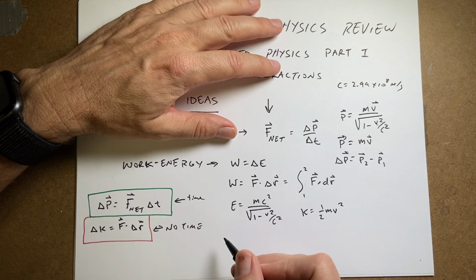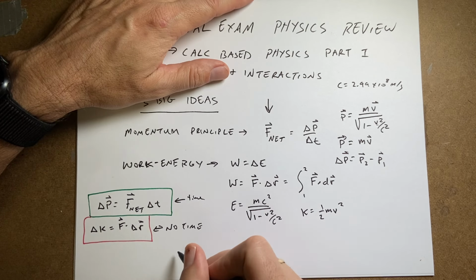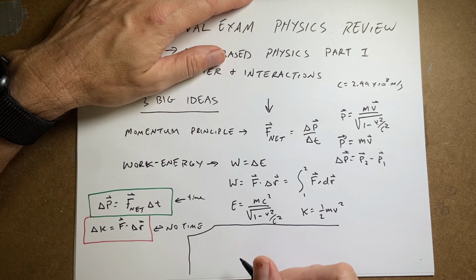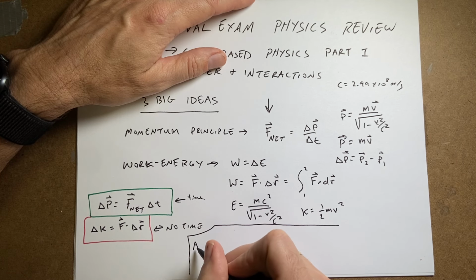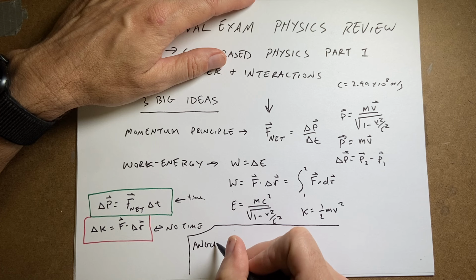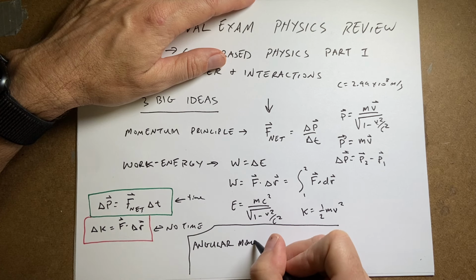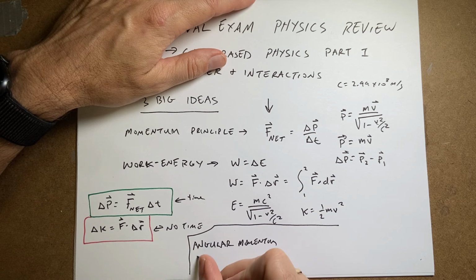I want to put this all on the same page, just because, you know, you can't really stop me. And the last principle is the angular momentum principle. I'm going to write it out, just to be fair.